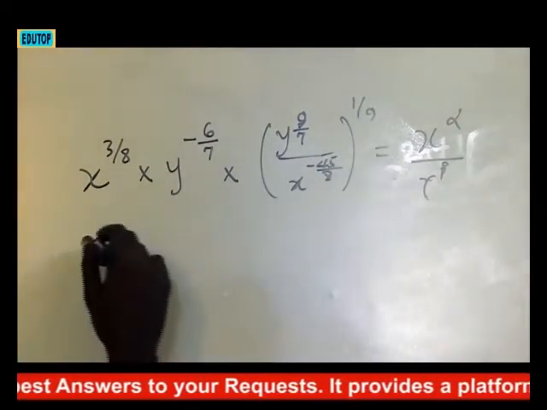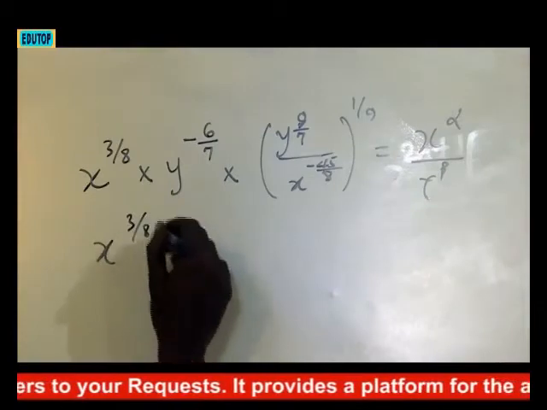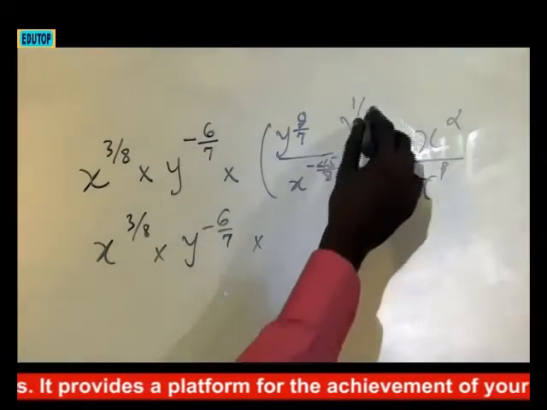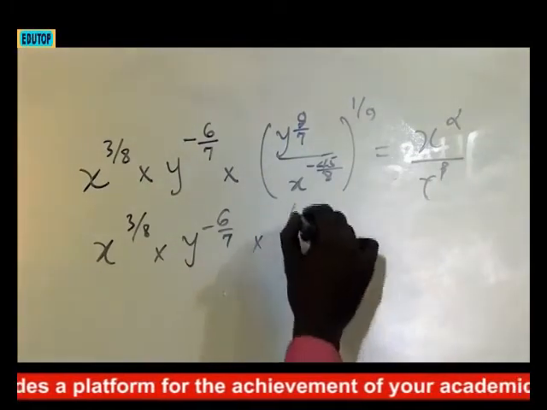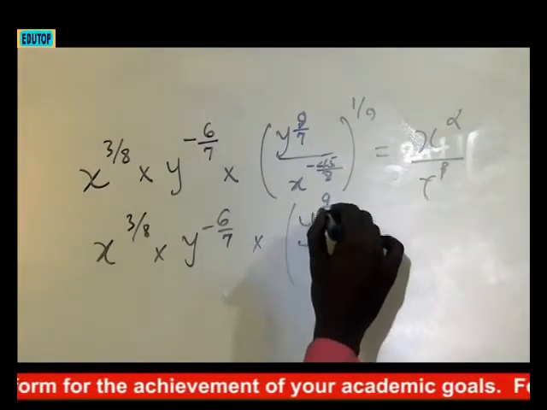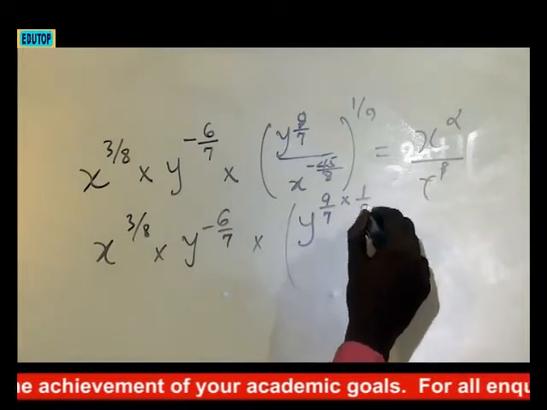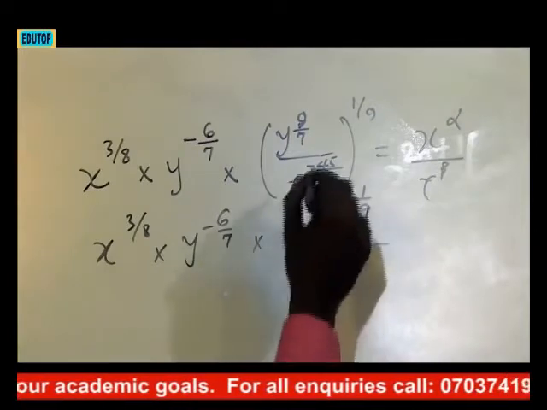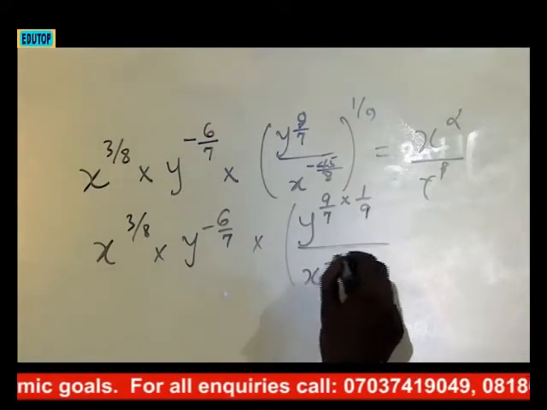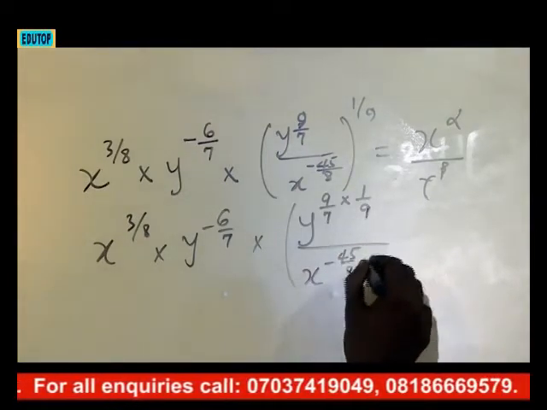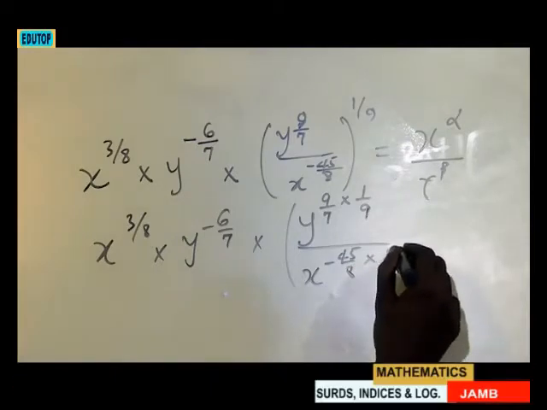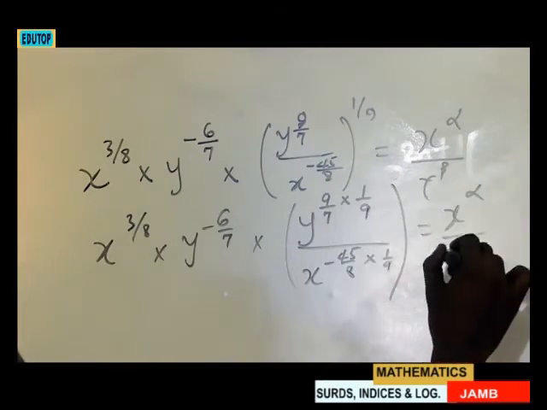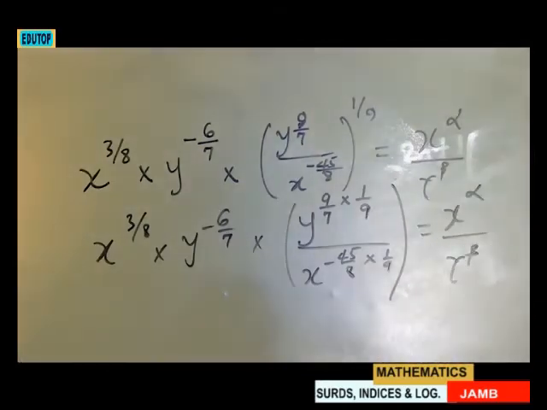Let's simplify this first. We have x^(3/8) times y^(-6/7) times, when this one opens, y^(9/7) times 1 over 9. That's the way to multiply that by the law of indices. Then we have x^(-45/8) times 1 over 9 equals x raised to the power alpha and y raised to the power beta.